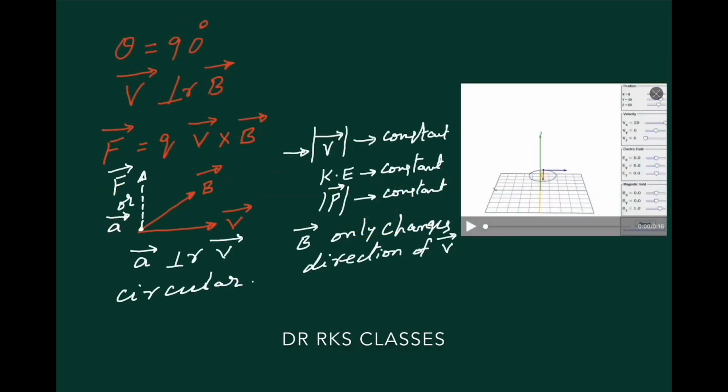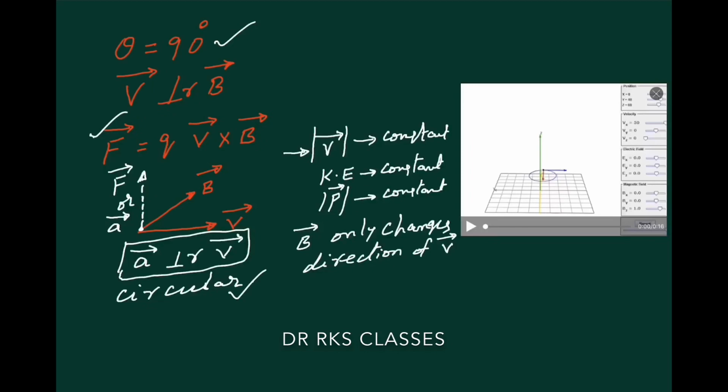When a charged particle enters perpendicular to the magnetic field, that is theta is 90 degrees, then the force is F equal to q into v cross B, and the force is perpendicular to velocity. Important thing: force is perpendicular to velocity, so acceleration is perpendicular to velocity. Whenever the acceleration is perpendicular to velocity, the path is circular.